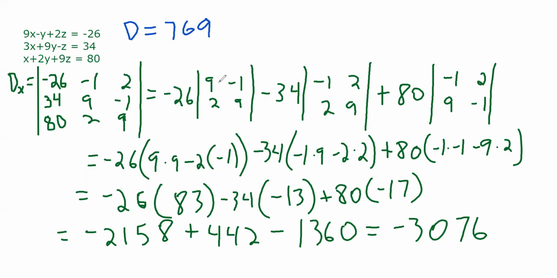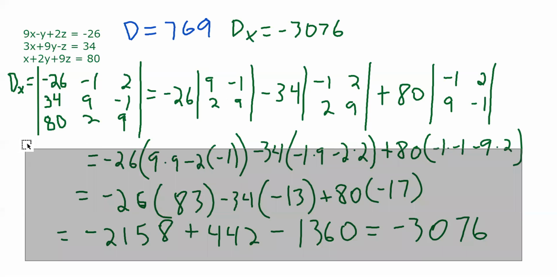Very good. So this is going to be our dx matrix. And by that I mean determinant, because it's just a single number. It's not a whole matrix. -3,076. So we kind of sigh. What I'm going to do is I'm going to do something clever here to save myself a little bit of grief.